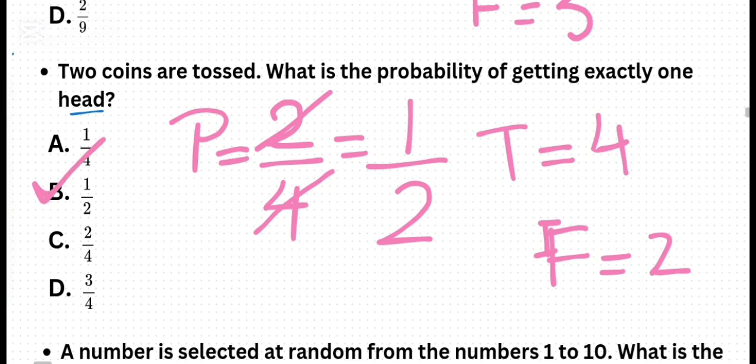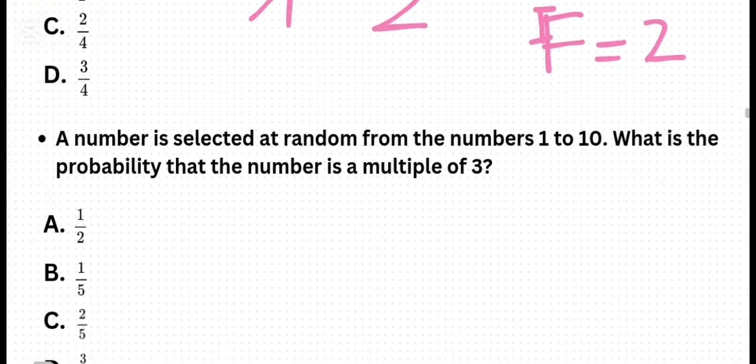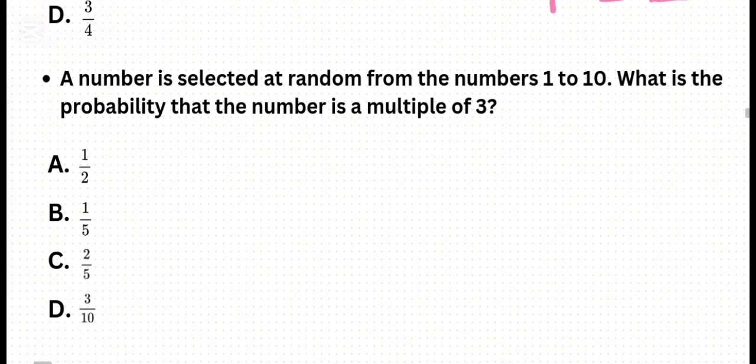Now the next question is, a number is selected at random from the numbers 1 to 10, right? What is the probability that the number is a multiple of 3?